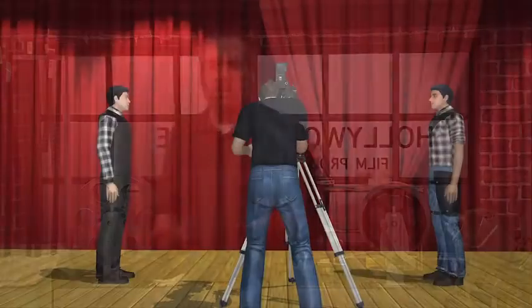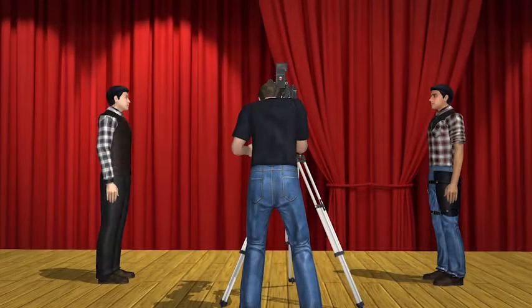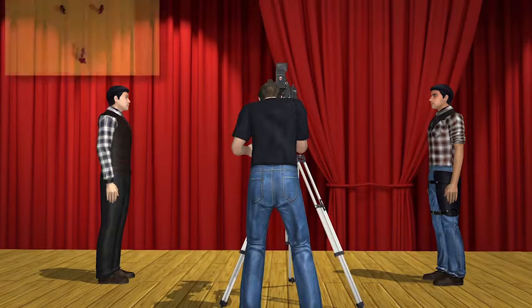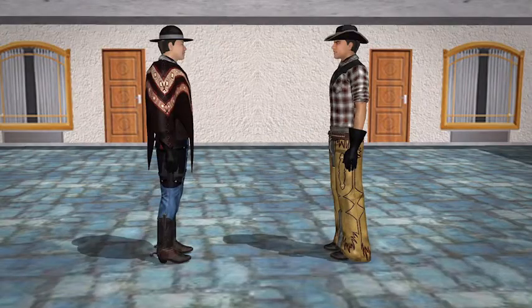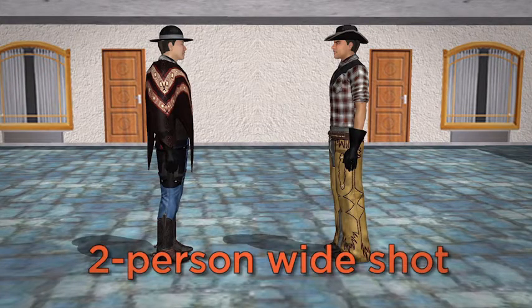So for instance, character A is looking east and character B is looking west. Great. Now where's the camera? If the camera is shooting 90 degrees perpendicular to the actors, then the frame might look like this. We call this a 2-person wide shot because we see both people's heads and we see them head to toe, which is wide.